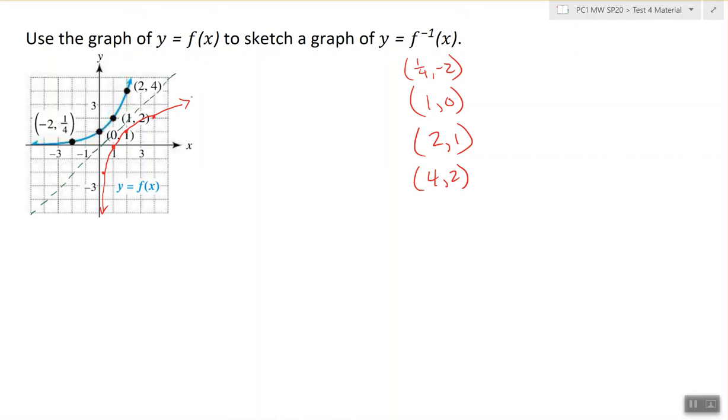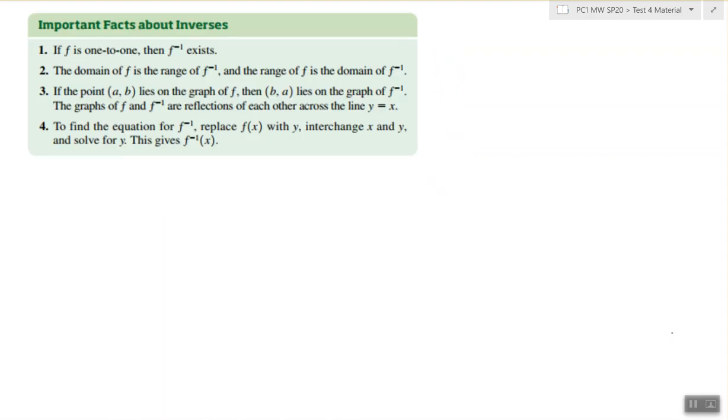If you would fold your paper along this line of y equals x, those graphs would meet up on each other. It's a neat thing to think about, because what is it that you do to graph an inverse? You make your y equal x, and you make your x equal y. So how fitting is it for it to be symmetric to the line y equals x?